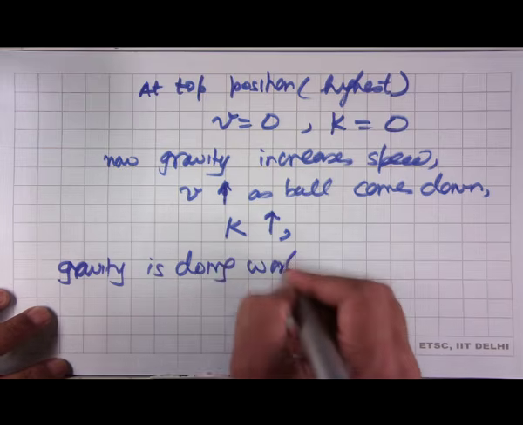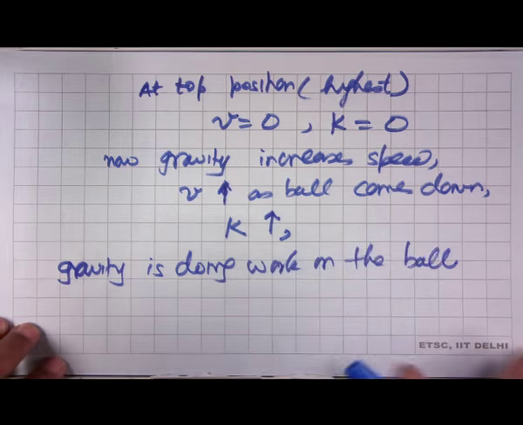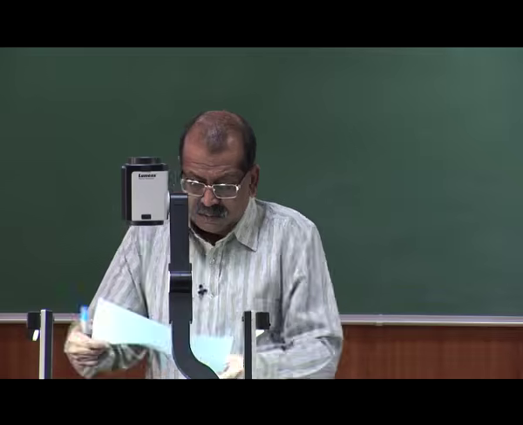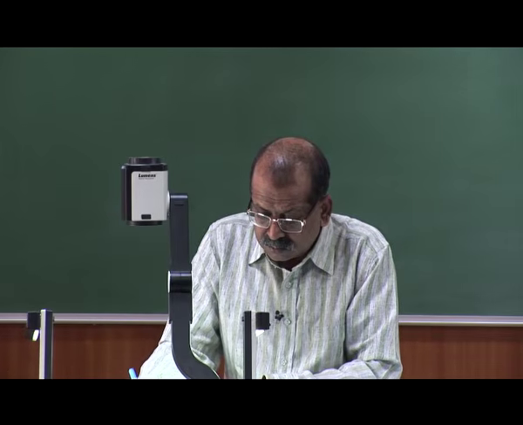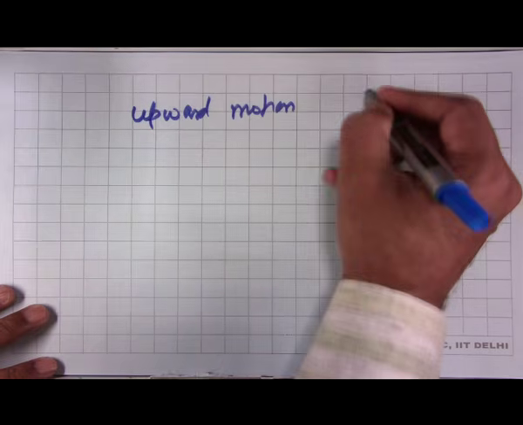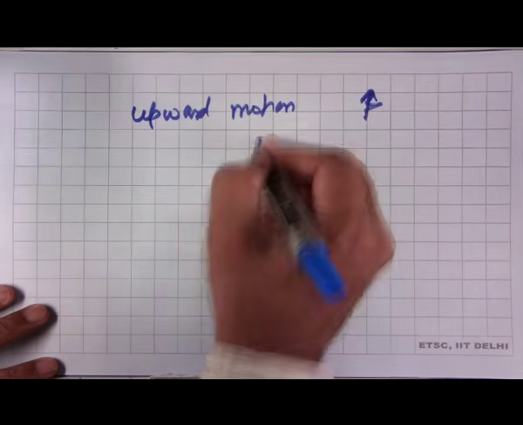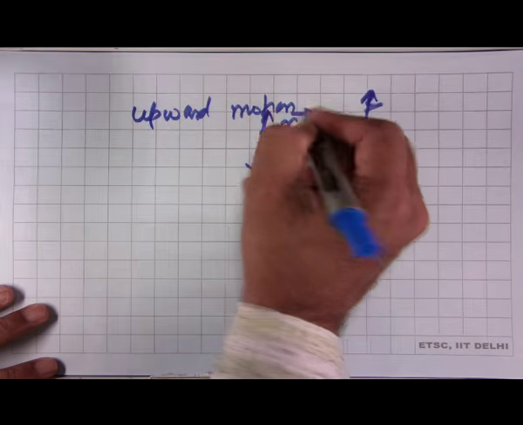What is happening is, gravity is doing work on the ball throughout. In the upward motion, the gravity force acts down, the displacement is upwards.